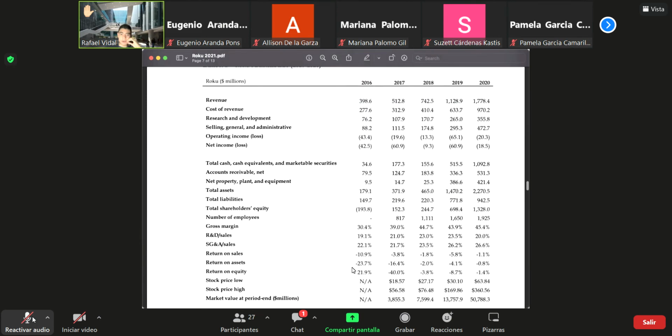When you look at this number of how well they are investing their assets or how much money you need, these are negatives because of the industry. How much money do you need in terms of Disney Plus or Netflix? It's not a high amount of money. However, we have negatives here because Roku is not performing well in the stock market.